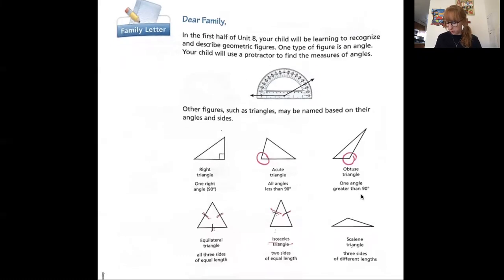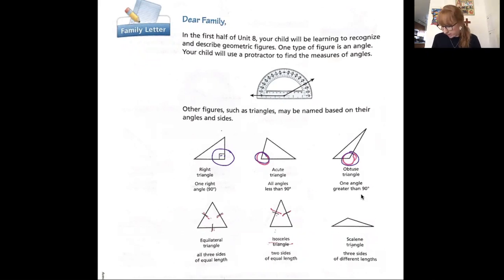So for example, we have our angles here, here, and here. And these three angles will tell us what kind of a triangle we would say that triangle is. So when there's one right angle in a triangle, we would call it a right triangle.